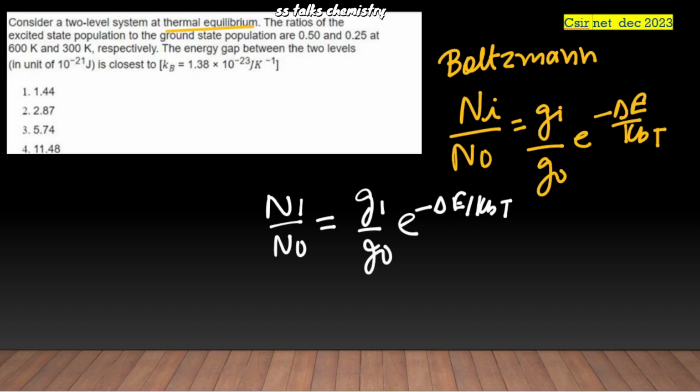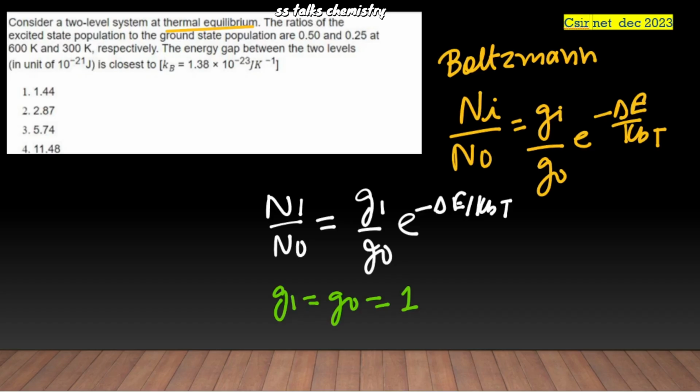Now what type of levels they have considered is not mentioned, so we cannot get the values of G1 and G0. So we can assume that the degeneracy is 1 only. Now at different temperatures these values are given.